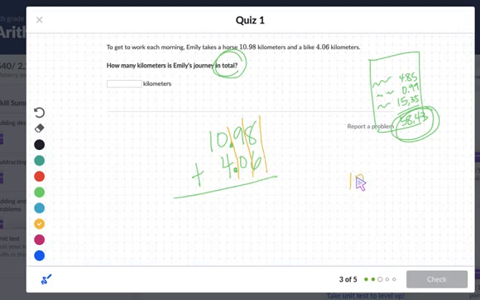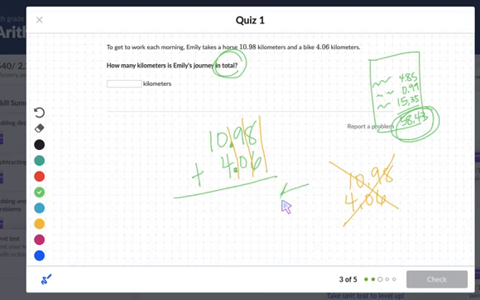Don't just write it like this. Okay, don't line up the numbers, line up the decimal places. This is not correct. The decimal point is the one that separates our wholes from our decimals. So we want to make sure that that is what we're using to line up our numbers.